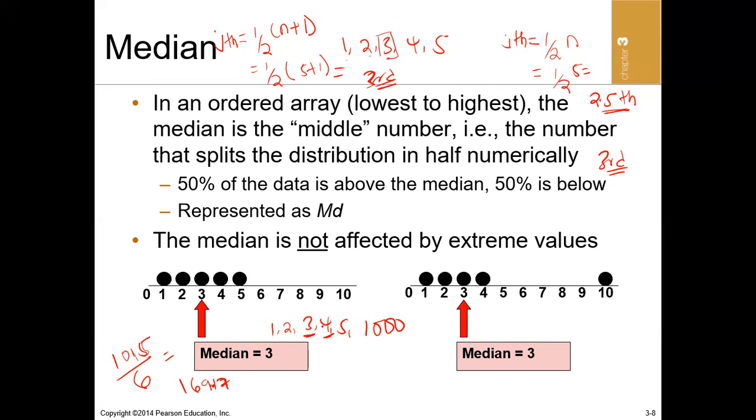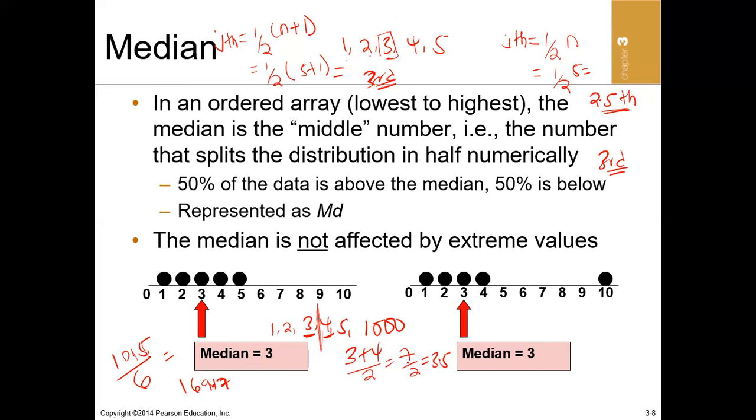So it means that the median should lie between 3 and 4. So it will be the figure between 3 and 4. So it will be 3 plus 4 divided by 2, which is 7 divided by 2, which is 3.5.